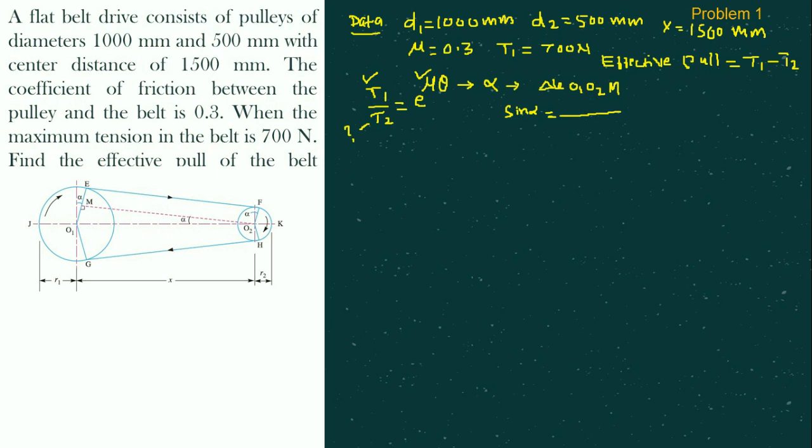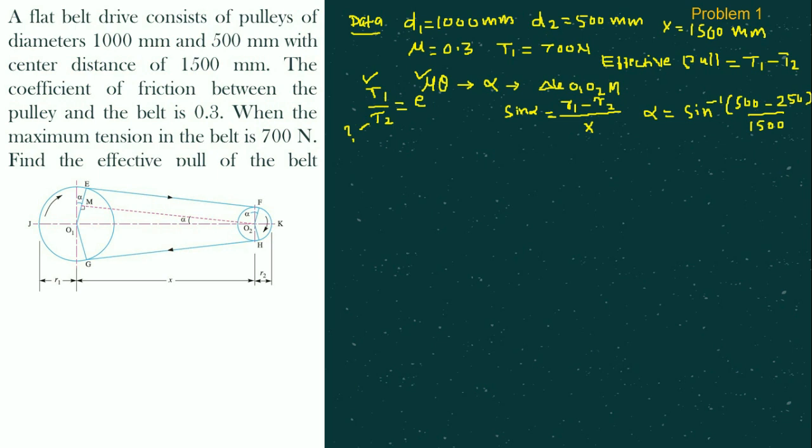O1E is nothing but the radius of the pulley, that is R1. O1M is nothing but the radius of the other pulley, that is R2. O1O2 is nothing but X. In this way, we can calculate the value of alpha. Alpha is equal to sine inverse of (500 minus 250) divided by 1500.